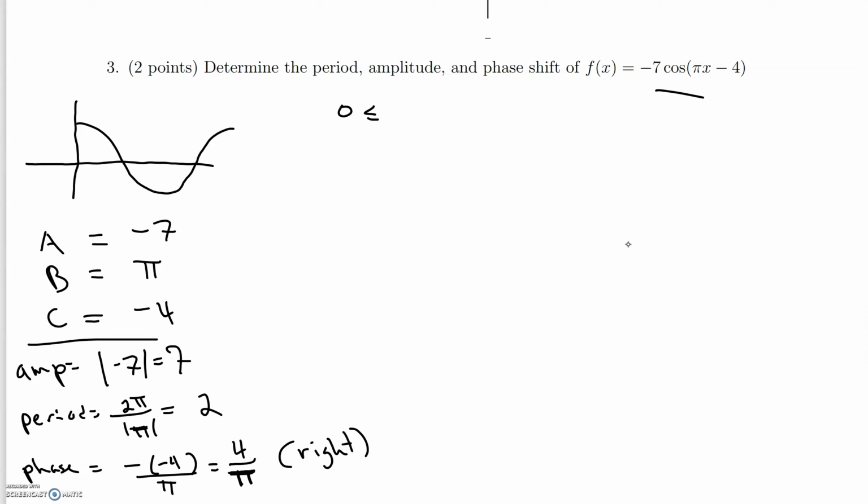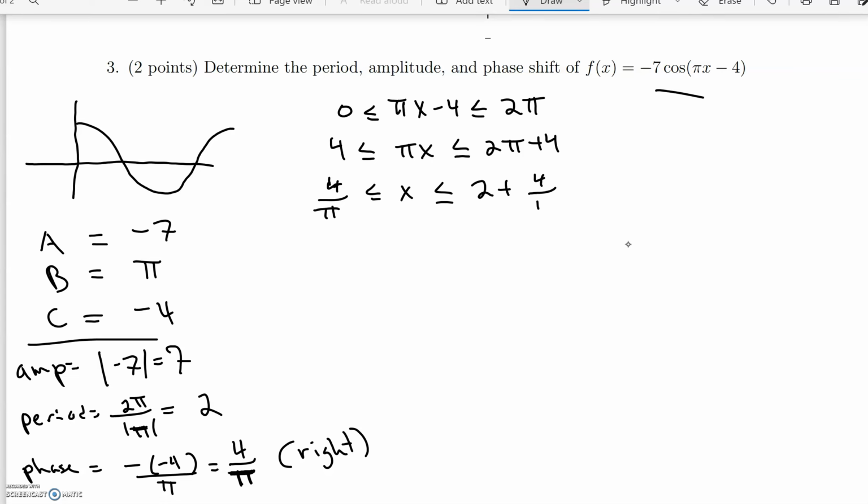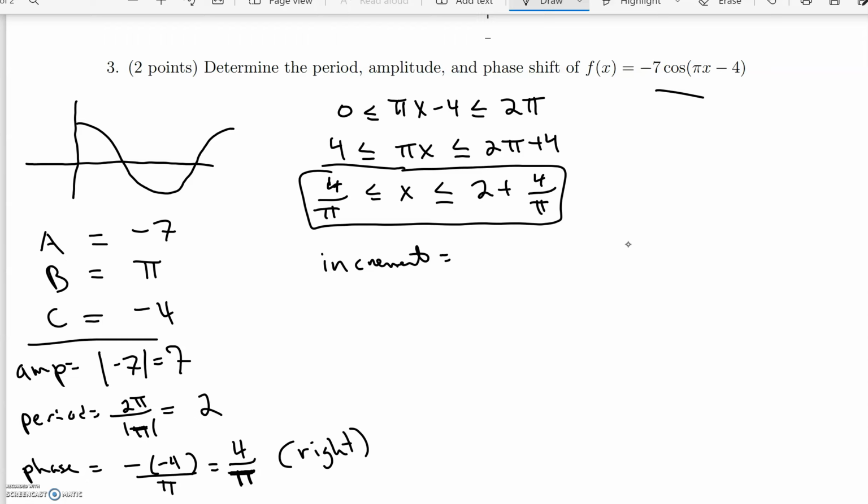To figure out your start and stop, you solve this inequality, adding 4 to both sides, then divide by pi, that's our start and stop, and then our increment is going to be the period divided by 4.